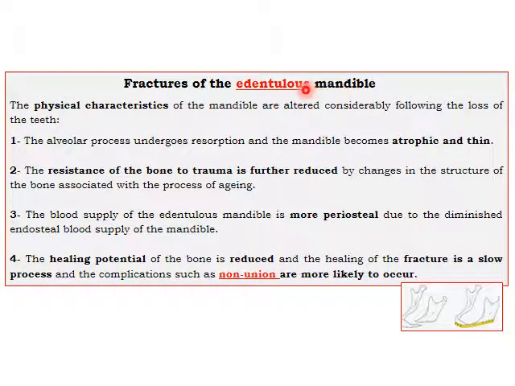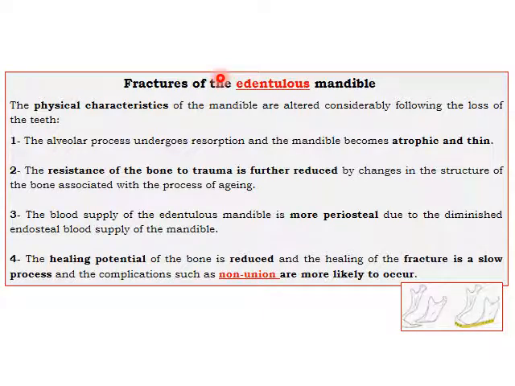So the resistance to bone trauma is further reduced by changes in the structure of the bone and with the process of aging, as I told before. The blood supply to the edentulous area is from the periosteum, due to the diminished endosseous blood supply of the mandible.